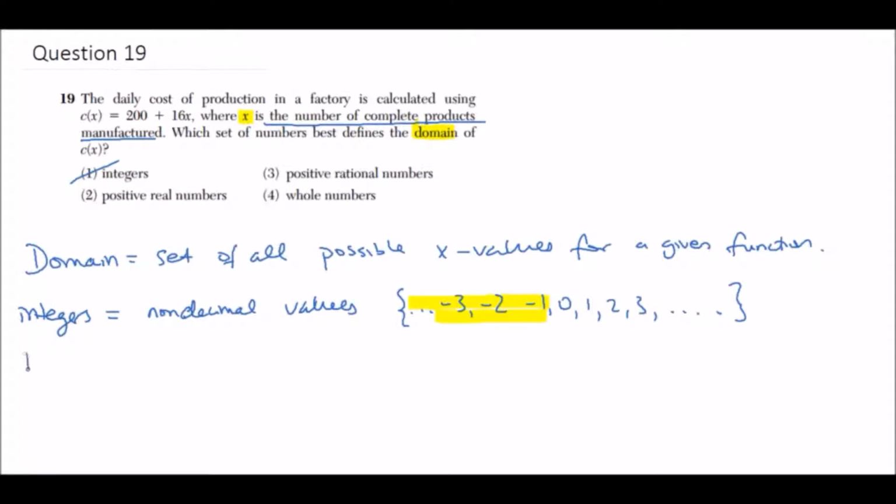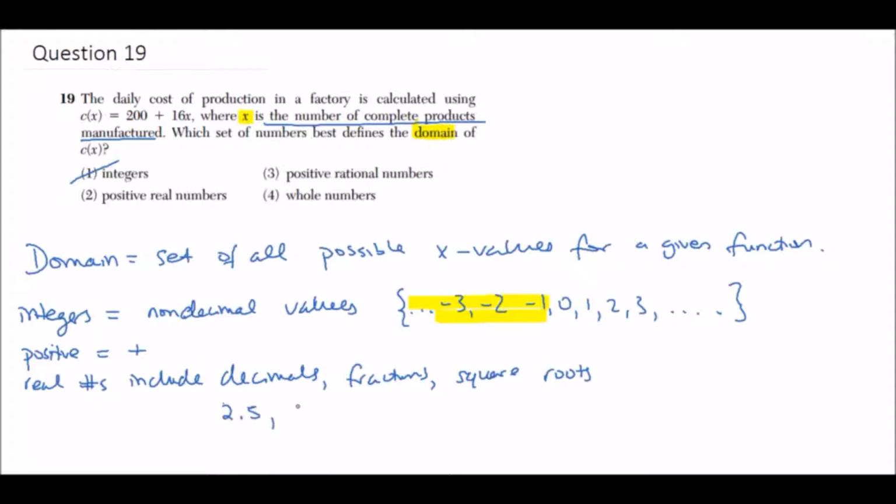Choice 2, positive real numbers. Well, it's definitely going to be positive. That's a good thing. Real numbers include anything that's not imaginary, and this course does not cover imaginary numbers, but real numbers include decimals, fractions, square roots of irrational numbers, etc. So, some numbers that might fall under real numbers that wouldn't fall under integers would be like 2.5, 10/3.